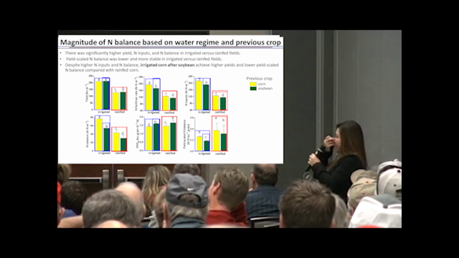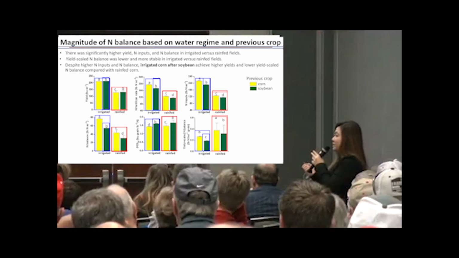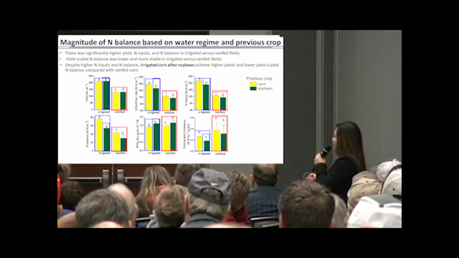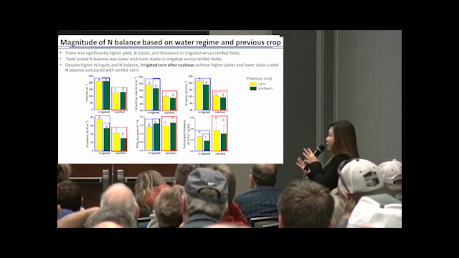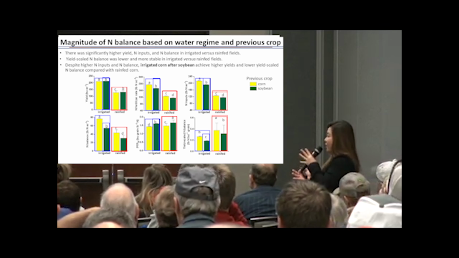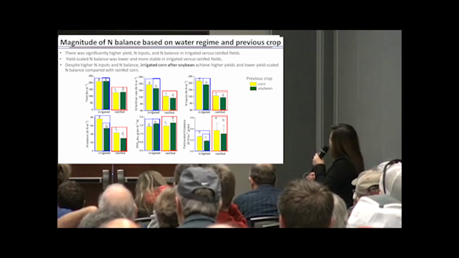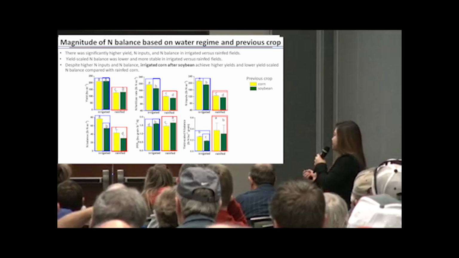And I further categorize the irrigated and rain-fed fields based on their previous crop. This yellow bar is a maize field that was sown after continuous corn, while this green bar is a corn field that was sown after soybean.